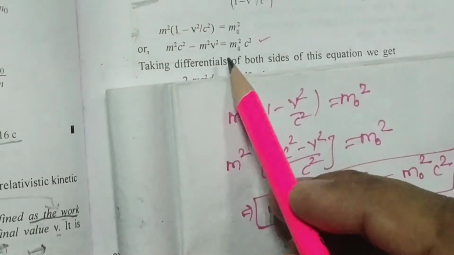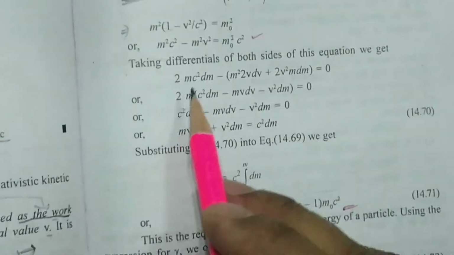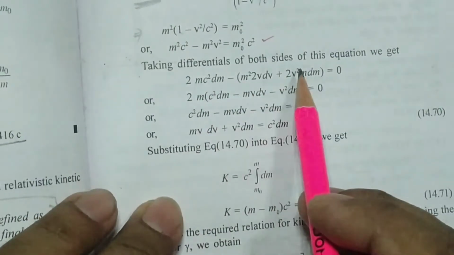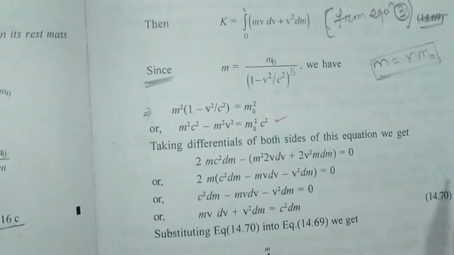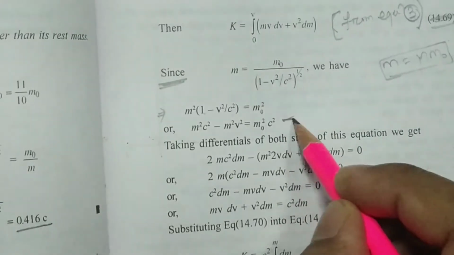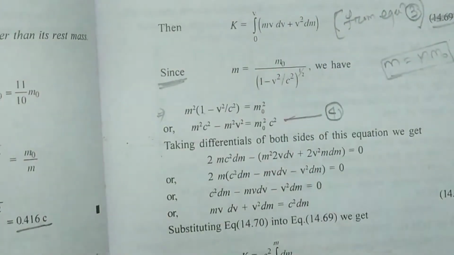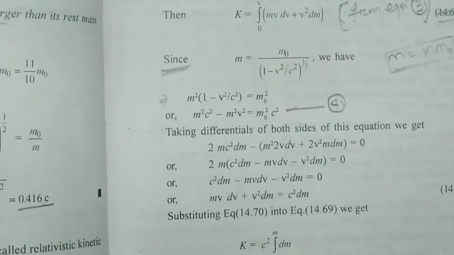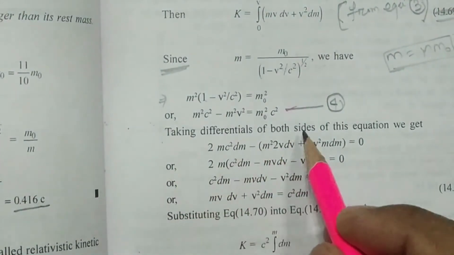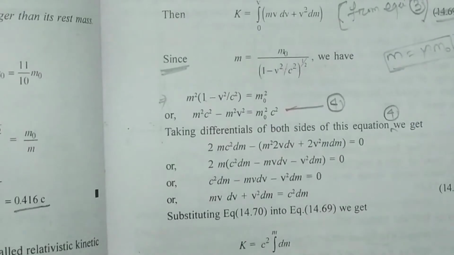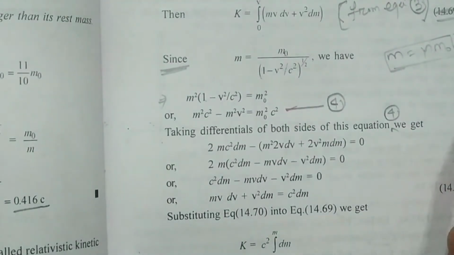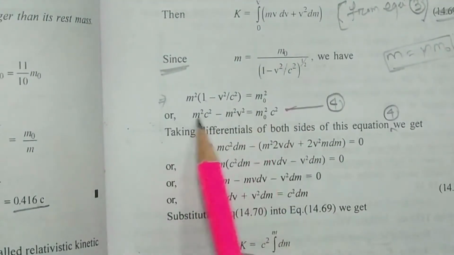Now taking differentials on both sides of this equation, let this be equation number 4. We have to differentiate this equation.